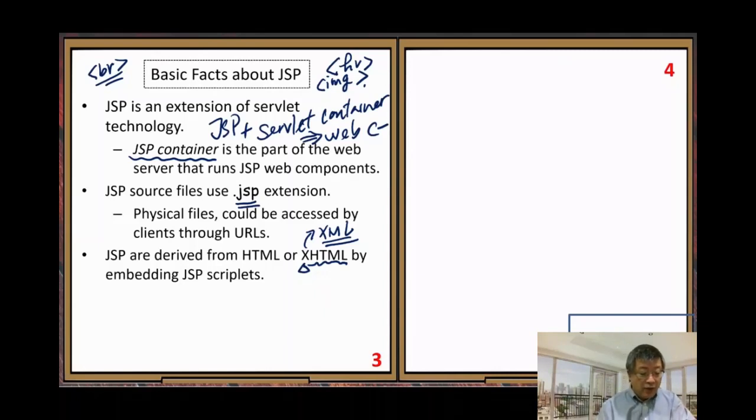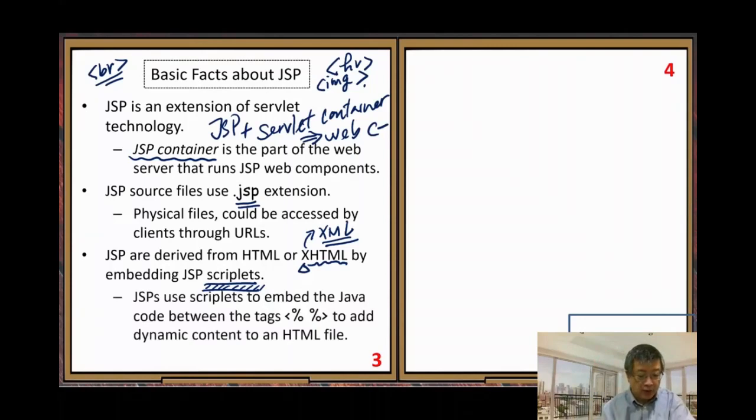Then we do the embedding. The question is, how to do the embedding? Embedding JSP scriptlets. Here, this new term, JSP scriptlets, is a special JSP code segment. JSPs use scriptlets to embed the Java code between the tags.